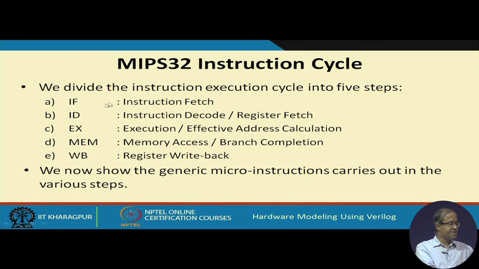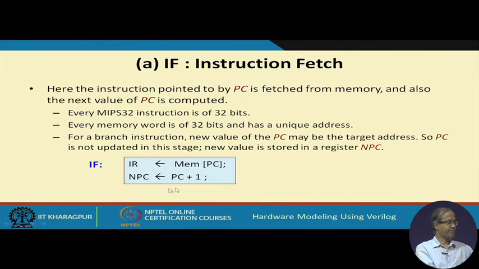And the different steps that are going on, even within each of these steps there are several sub steps. These are called micro instructions or micro operations. We shall be showing you what are the micro operations that are required in the different steps. You will be able to understand. Let us start with instruction fetch.